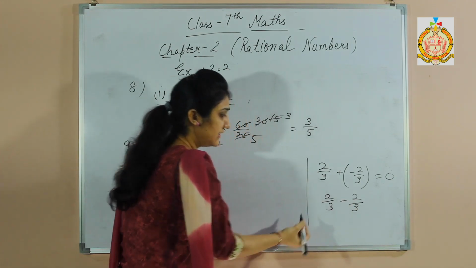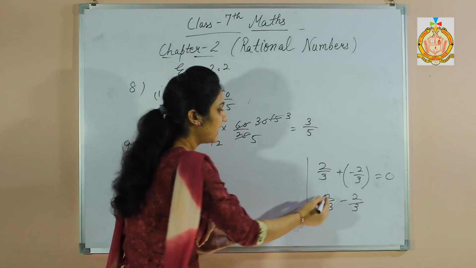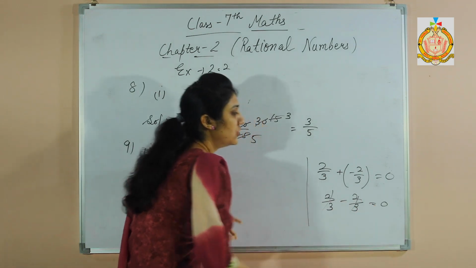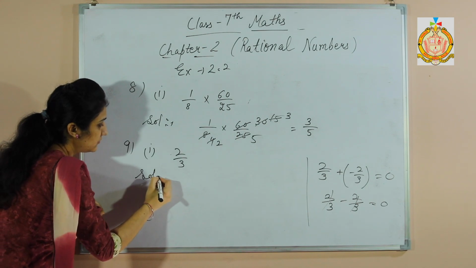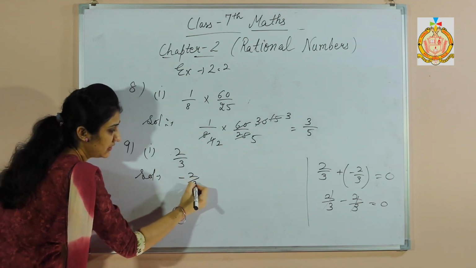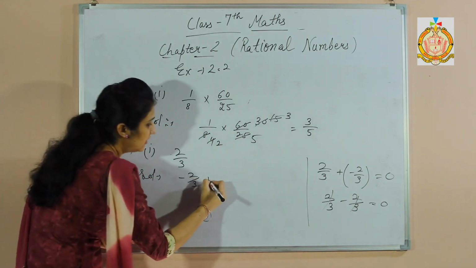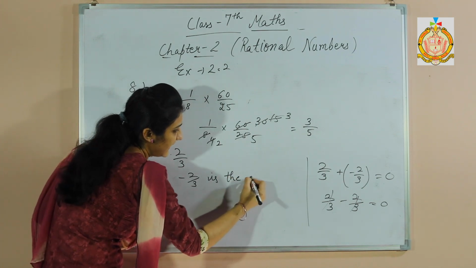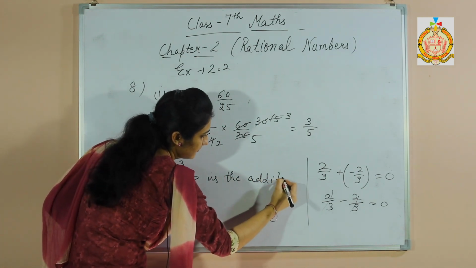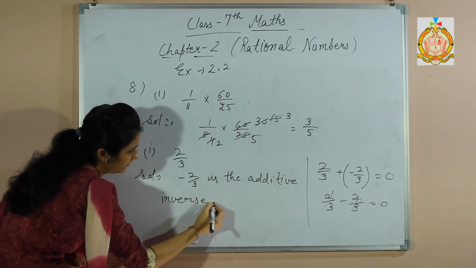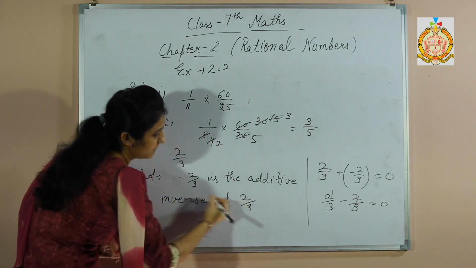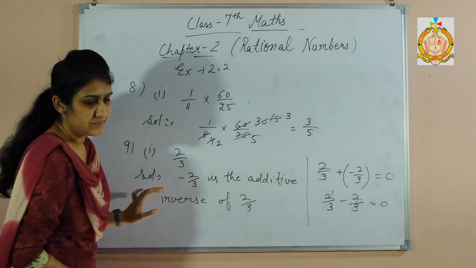Then after solving, it is plus and minus, cancel the terms, and you will get the answer 0. So the additive inverse of 2 by 3 is minus 2 by 3.